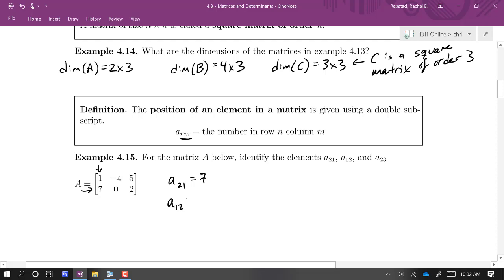A12, that's row 1, column 2, and that would be -4. And A23, that's row 2, column 3, that's this entry right there. Now if somebody said find A32, they're saying give me the element in row 3, column 2. Well, there is no row 3, so A32 does not exist.